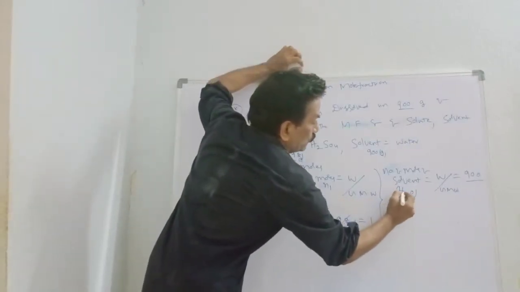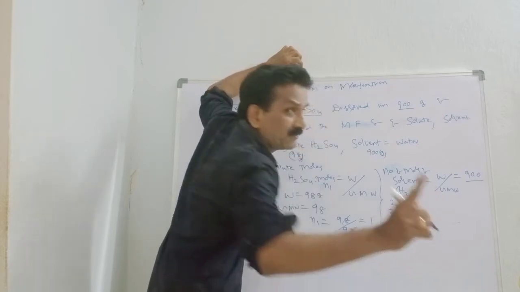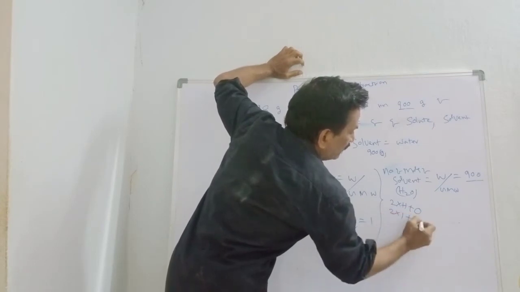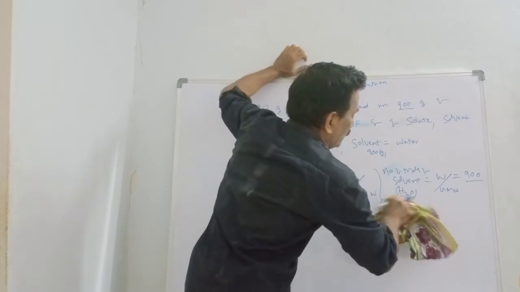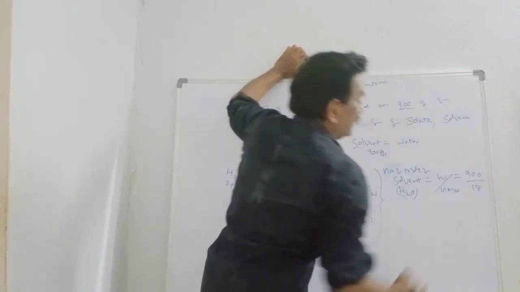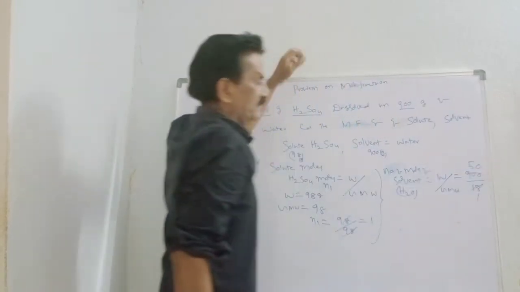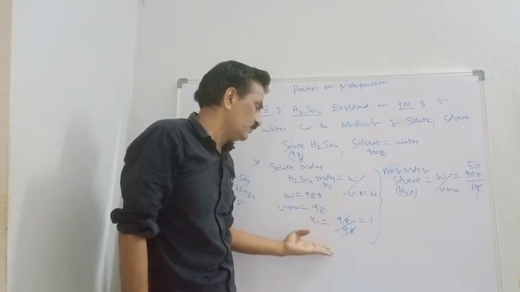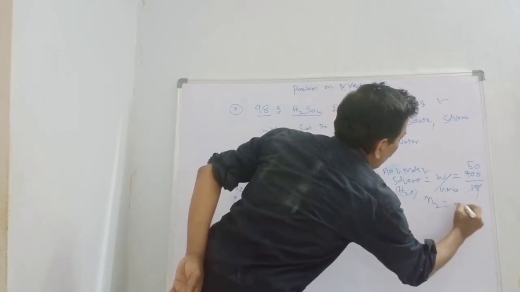Water molecular weight 2 into H plus oxygen. 2 into hydrogen atomic weight 1, oxygen atomic weight 16. 2 plus 16, 18. So 18. 900 by 18, 18 fifties are 900, so 50. So easy. I have calculated solute moles N1. This you say N2. N2 is equal to 50.